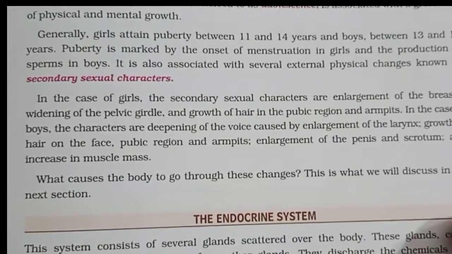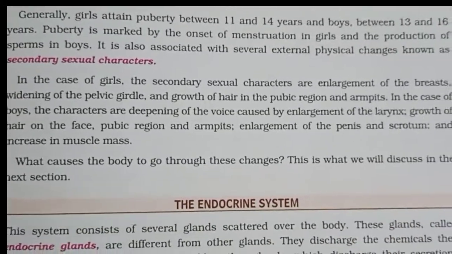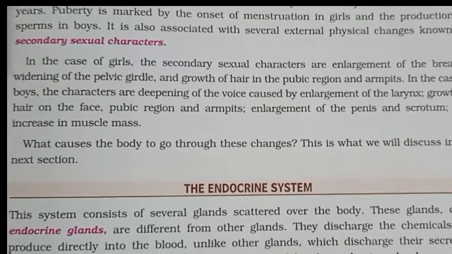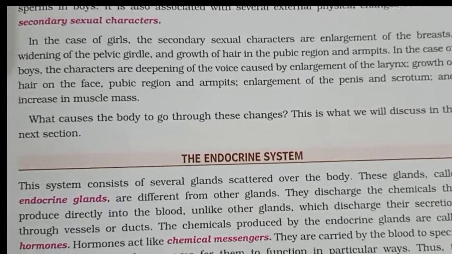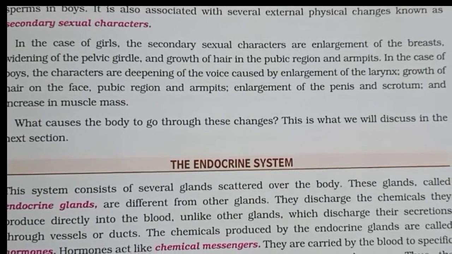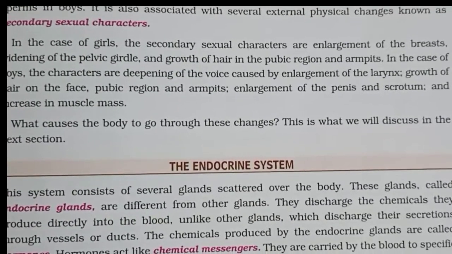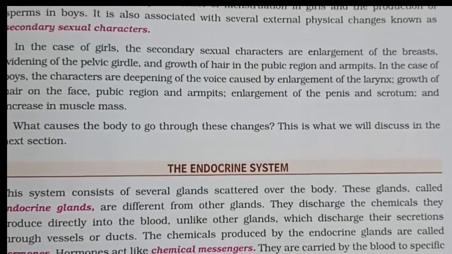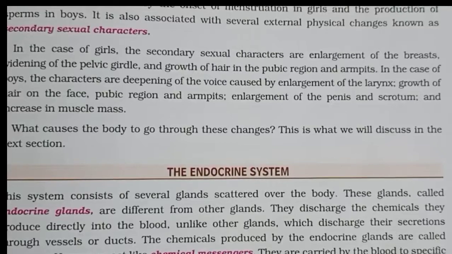So let us see what are the secondary sexual characters that develop, or the changes that occur, in the girl child. When the girl child attains puberty, growth of hair starts occurring in the pubic regions and armpits.